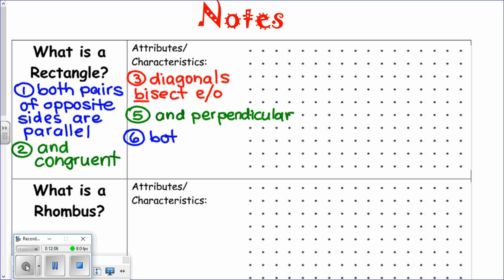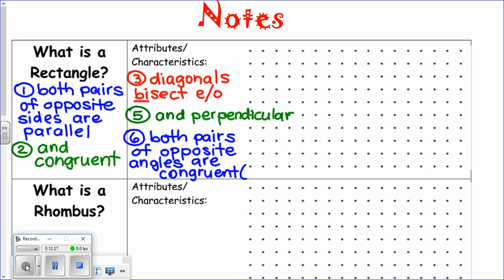So the angles that are across from each other should be congruent, or they should be equal. Congruent. And if you want to, you can give yourself a reminder. Congruent just means equal.